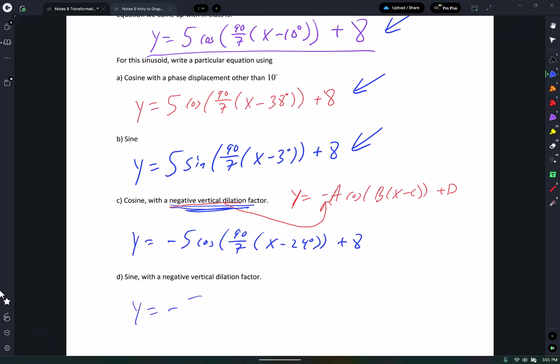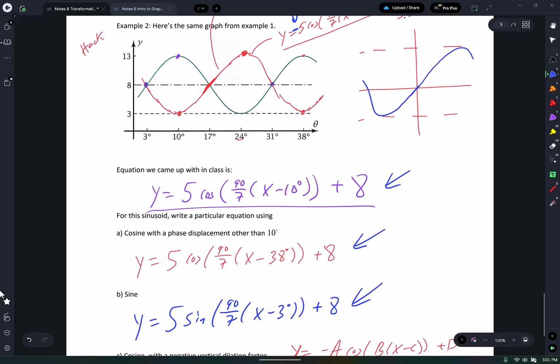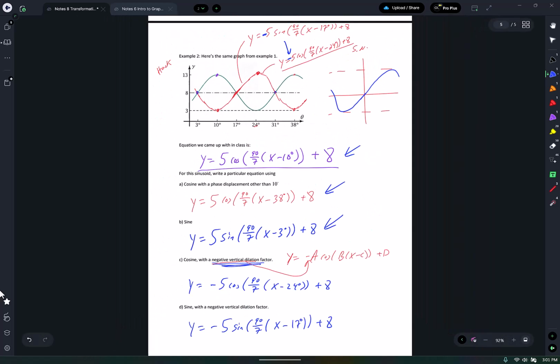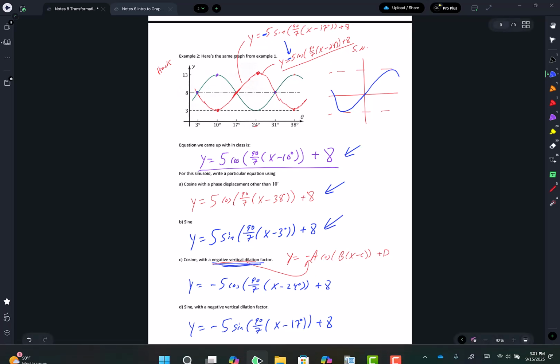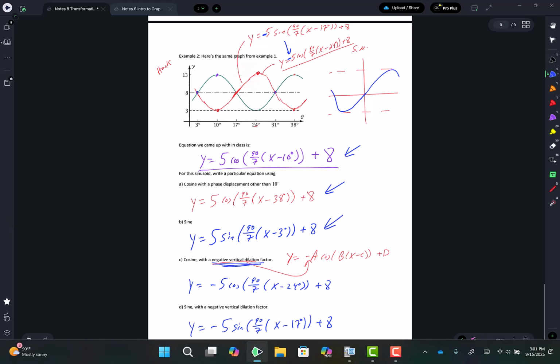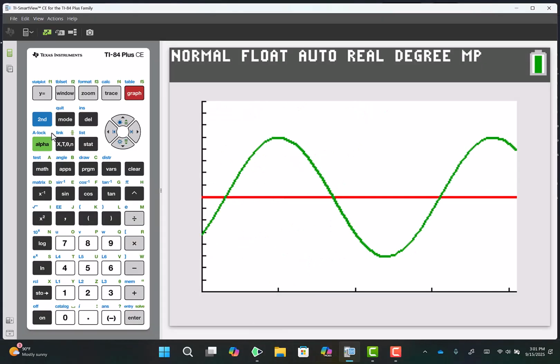Y equals negative 5 sine 90 over 7, x minus, I already forgot, 17, plus 8. So there it is. Let me zoom out so you guys can see. Good. All right. I'm going to go to my graphing calculator, guys, and I'm going to type that in.